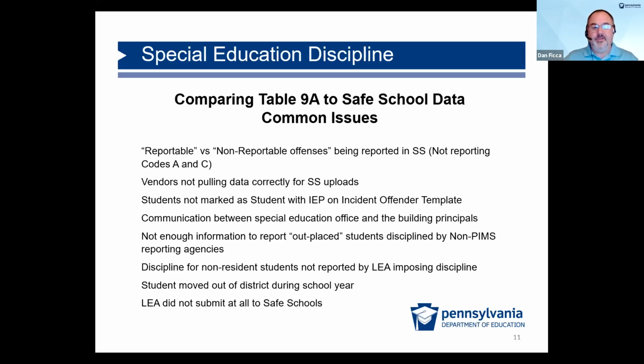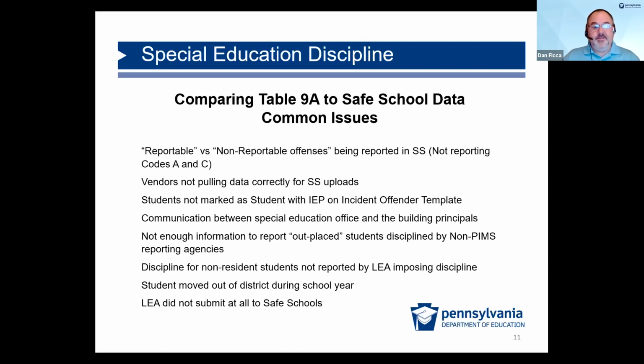And then at the end, there's 2 other codes, codes A and C. That's for student code of conduct and academic code of conduct. Those are reportable. Every incident, regardless of what the offense was, should be reported if it's an S3 through S9 code, which is all the suspensions and expulsions.